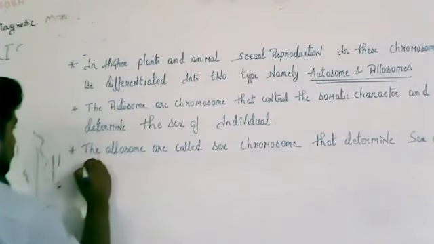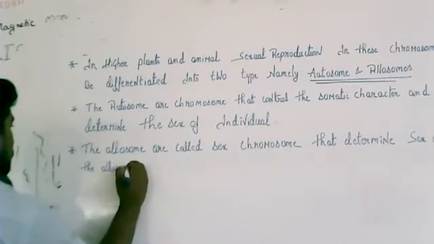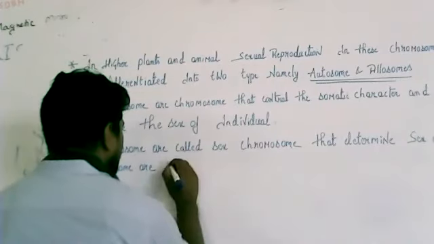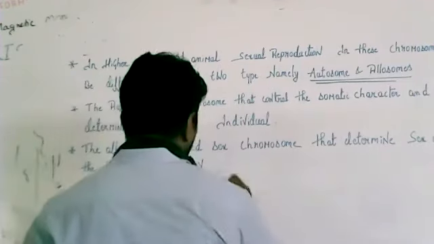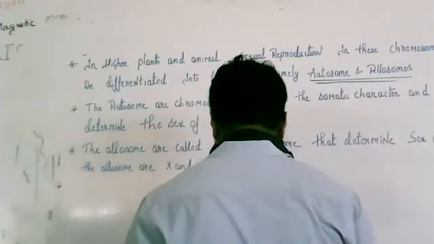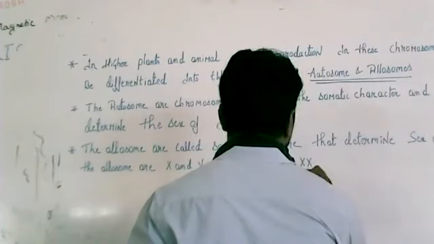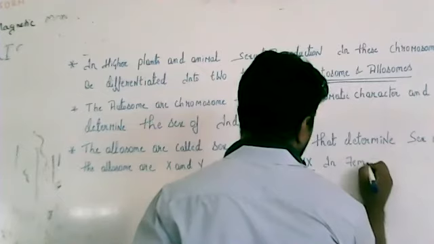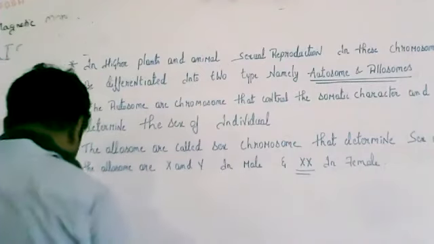The allosomes are X and Y in male and XX, double X, in female. So in female it is double X.